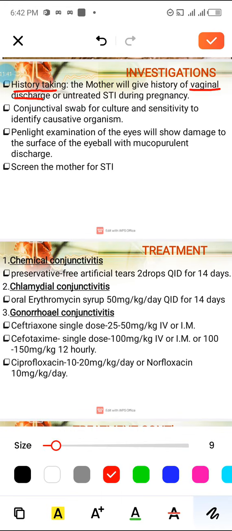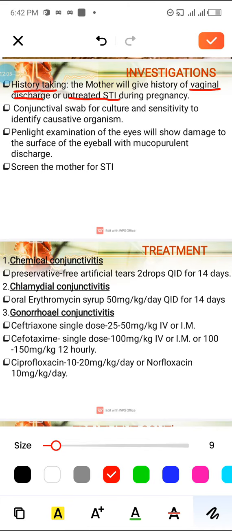When there is a history of vaginal discharge, you have a clue that the mother might have had an STI, and there can be a history of untreated STI during pregnancy. So they can give you that history to say that there was vaginal discharge and it was not treated. So you might have a clue to say this might have been a sexually transmitted infection.